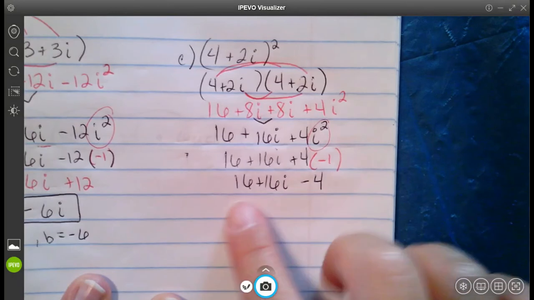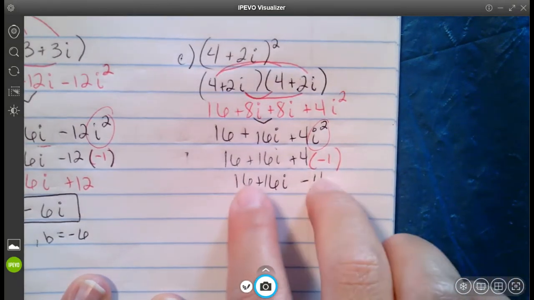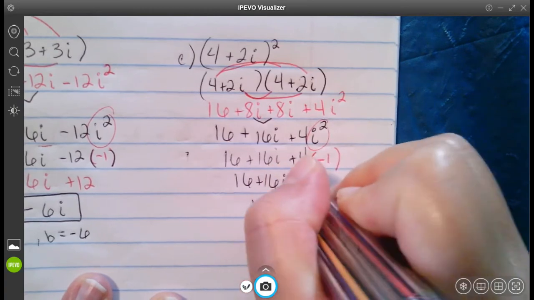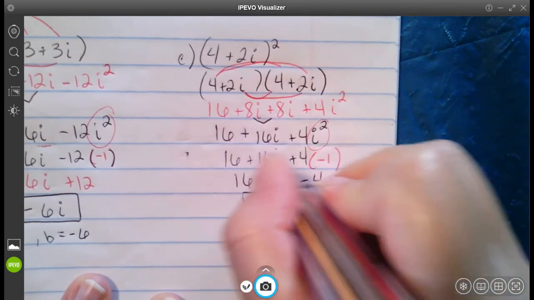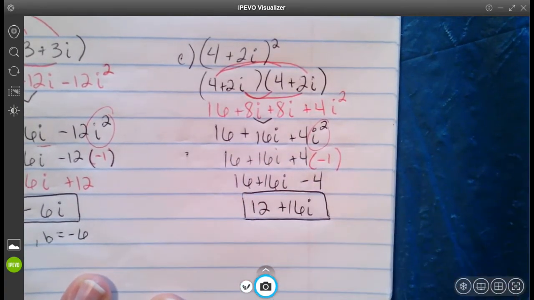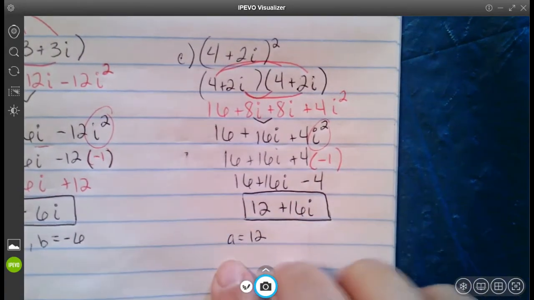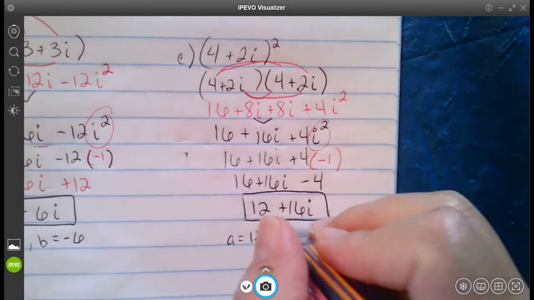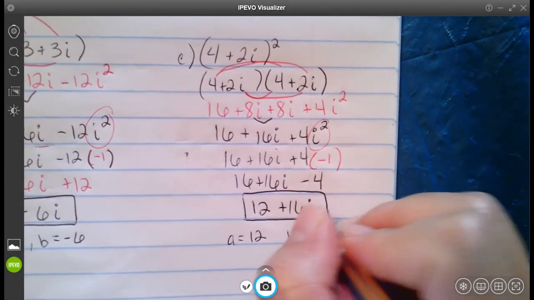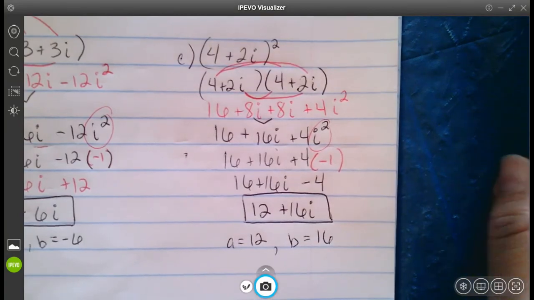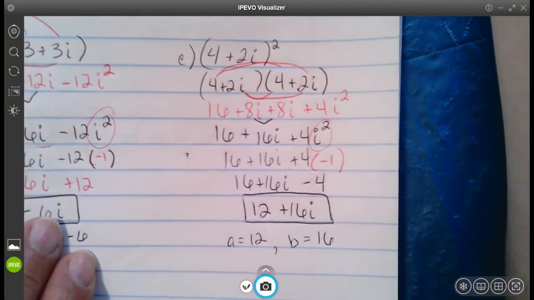And it looks like I can combine the 16 and the 4. 16 minus 4 is 12. So 12 plus 16i. And we are done. We've reached our standard form. A is equal to 12, so the real part is equal to 12, and B, the imaginary part, is equal to 16. And I believe that that is it for this video.